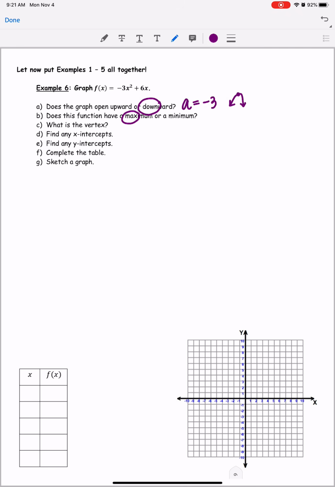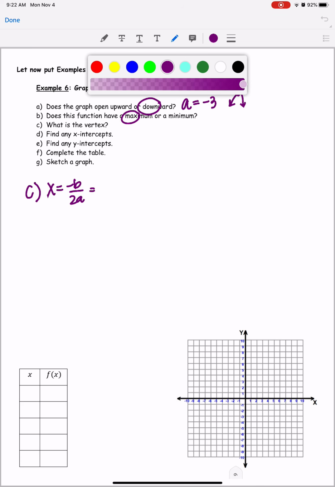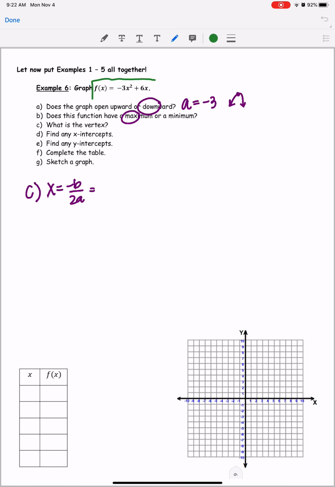Speaking of vertex, C, what is the vertex? So on C, we've got x equals -b over 2a. Let's just go ahead and label these. With my function here, my a is -3, my b is 6, and this time my c is 0.